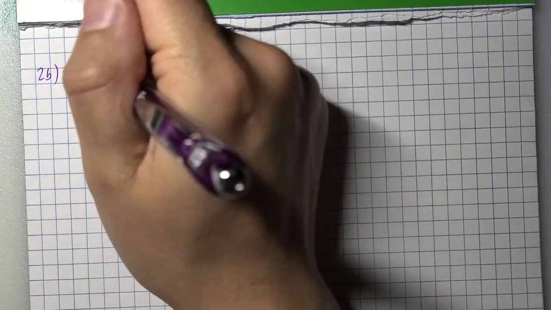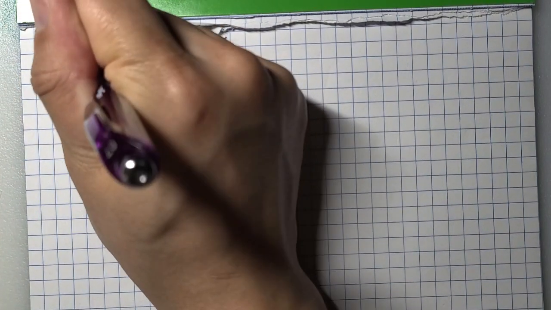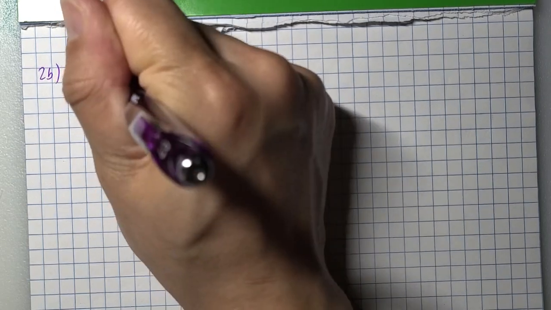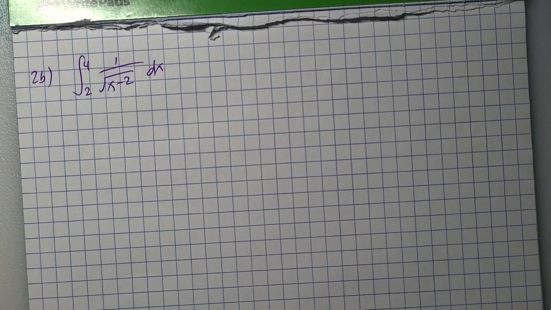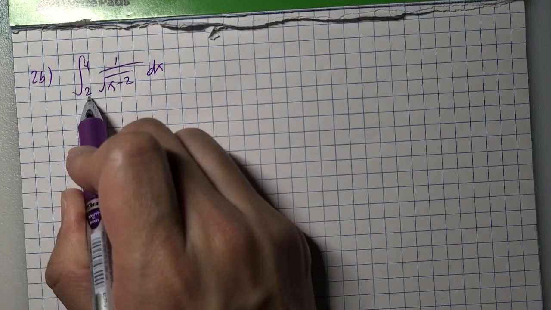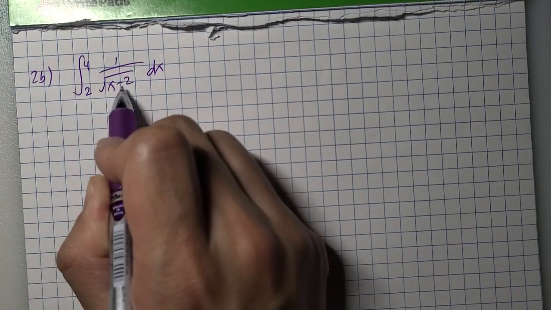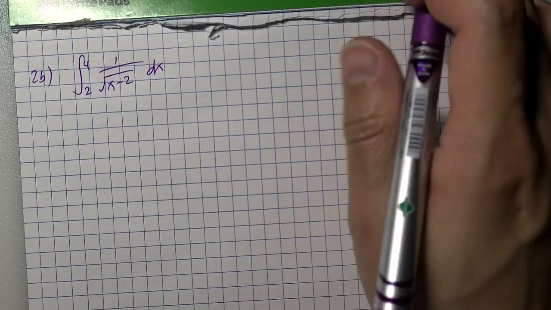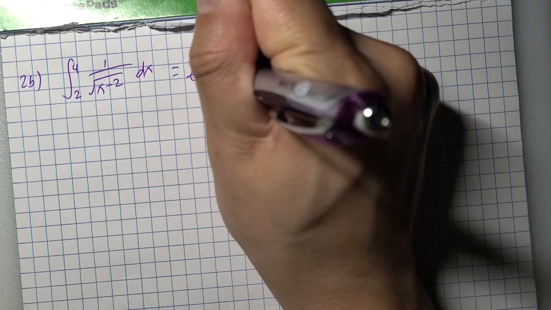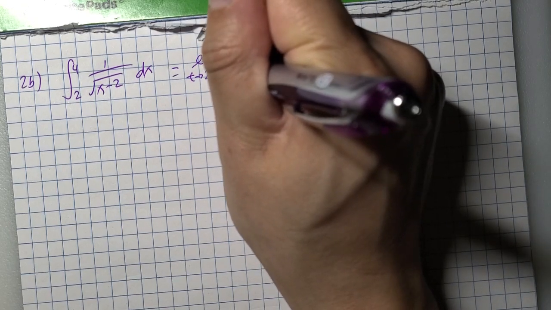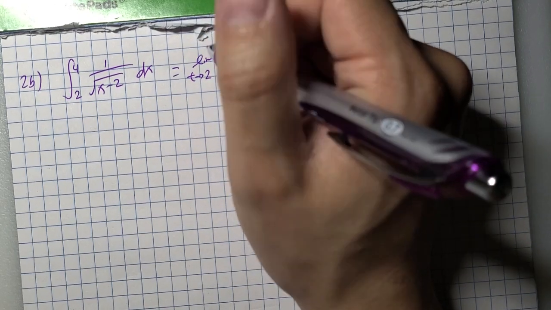2b, we have the integral from 2 to 4 of 1 over square root x minus 2 dx. Okay, this is improper because as we approach 2, this guy would go to 0. So we technically rewrite this as the limit as t approaches 2 from the, is it from the right or from the left?